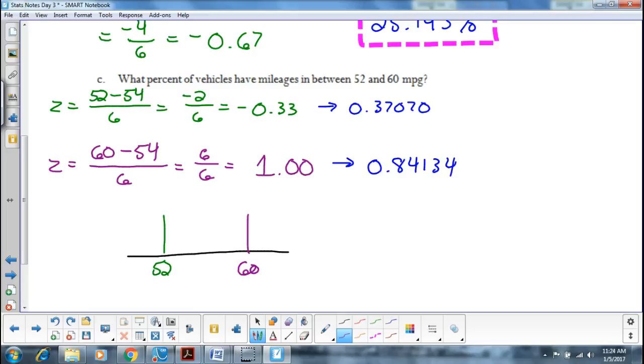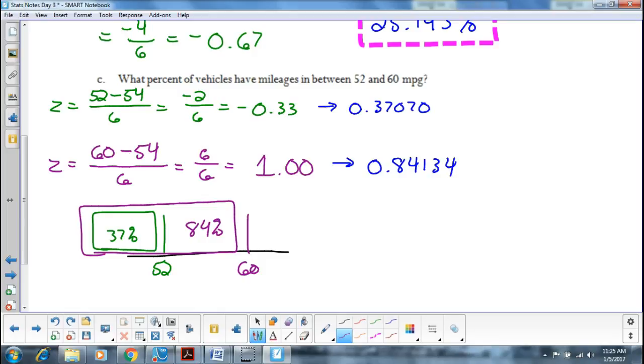What the z-score of the first one, the green, is saying is that 37% of the vehicles are below this green. And the purple one is saying that 84% is below that one. But I want in between, right?